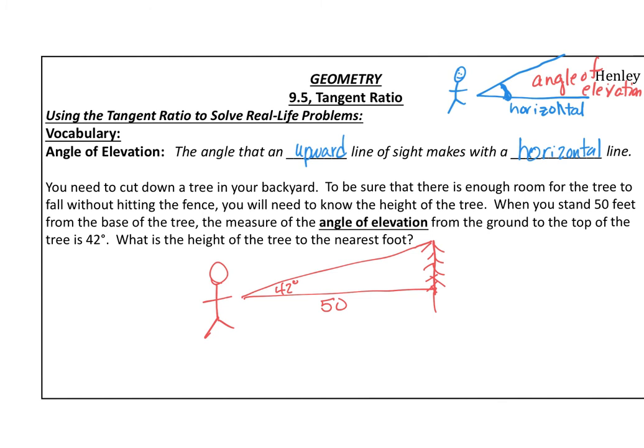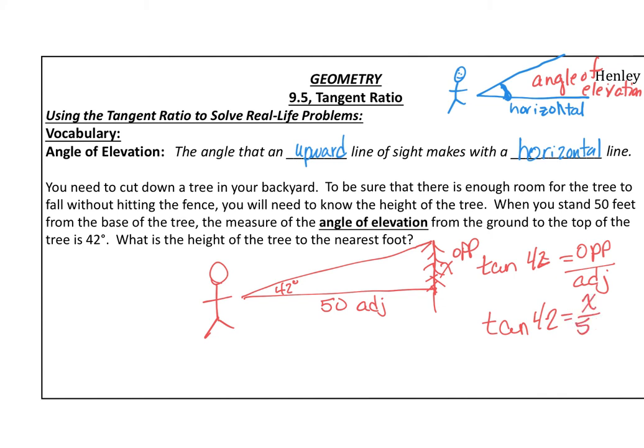So we have the tangent. This is our unknown. Opposite, adjacent. The tangent of 42 equals opposite over adjacent. So the tangent of 42 equals x over 50.